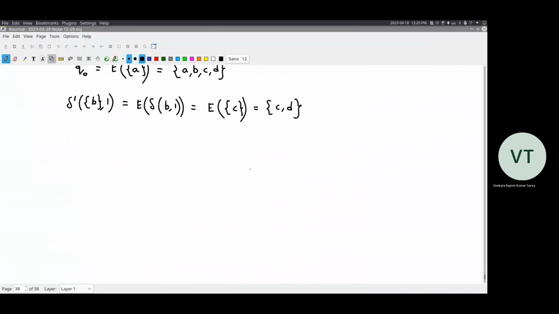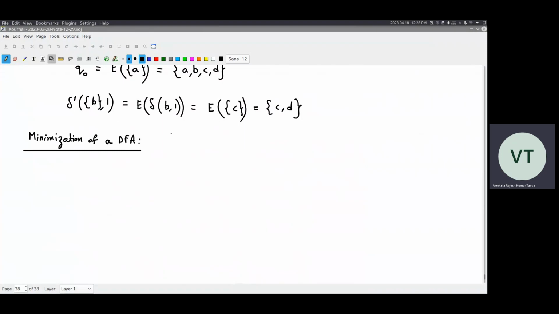All right. Next, we will look at something called minimization of a DFA. This is simple, straightforward. Remove the dead and unreachable states.